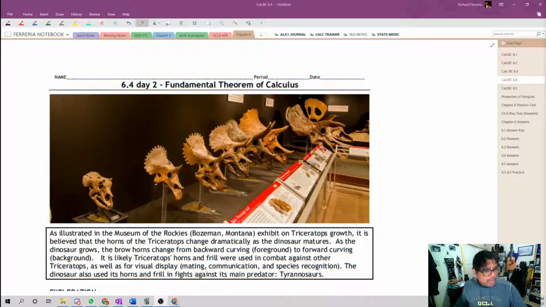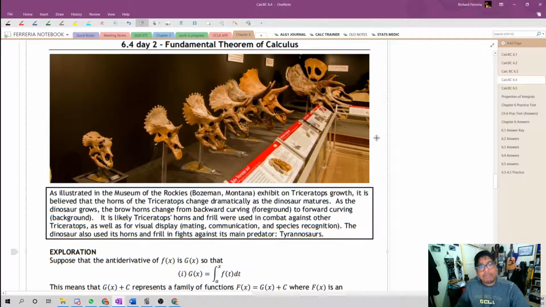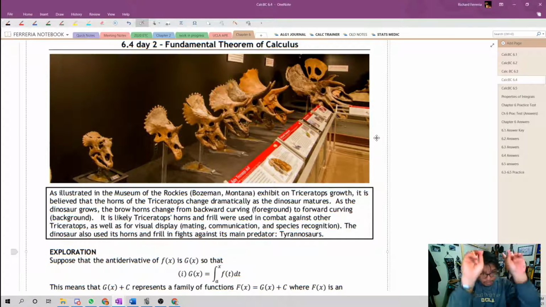As illustrated in the Museum of the Rockies in Bozeman, Montana, exhibit on Triceratops growth, it's believed that the horns of a Triceratops change dramatically as a dinosaur matures. As the dinosaurs grow, the brow horns change from a backward curving in the foreground to forward curving in the background.